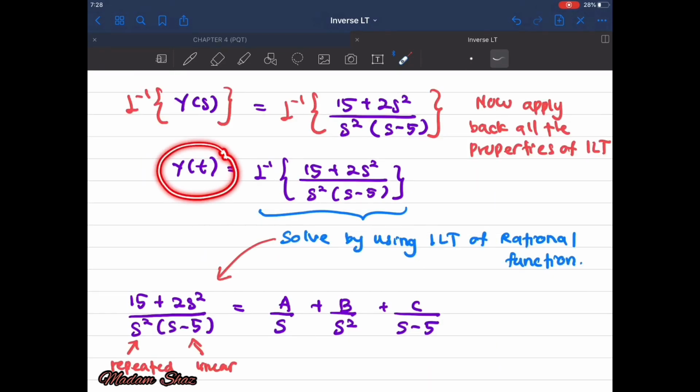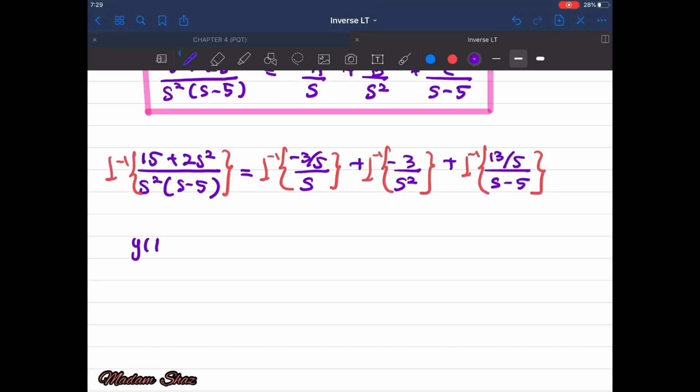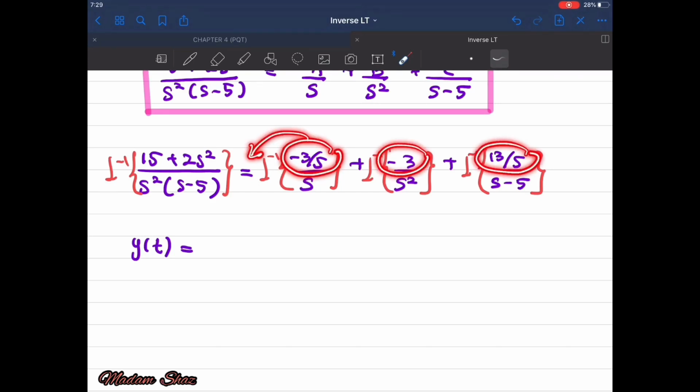So on the left hand side, we will write Laplace inverse 15 plus 2s square over s square multiply s minus 5 will become y(t). y(t) is equal to Laplace inverse negative 3 over 5 over s. Negative 3 over 5 is a constant, so bring the constant to the front. The same thing for the negative 3 and 13 over 5.